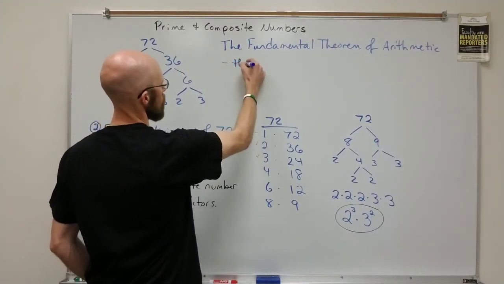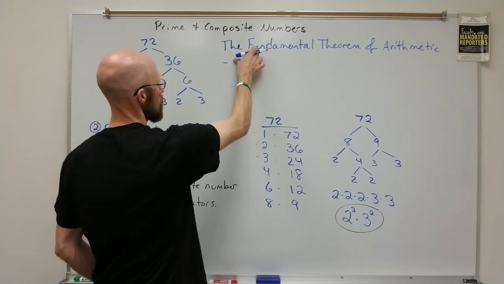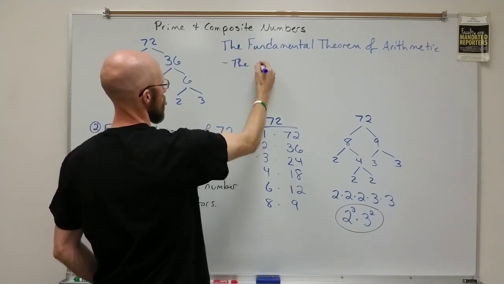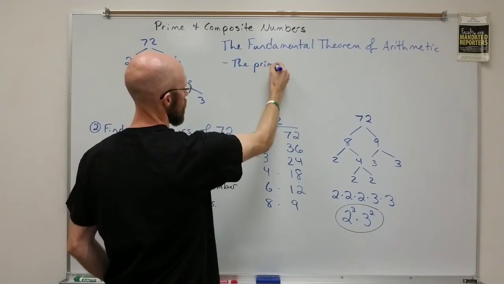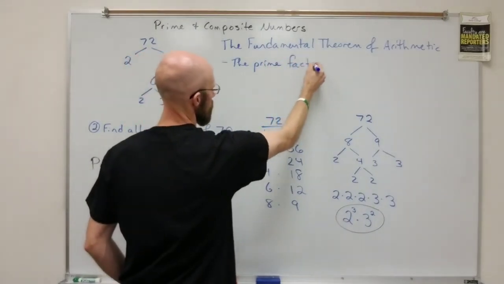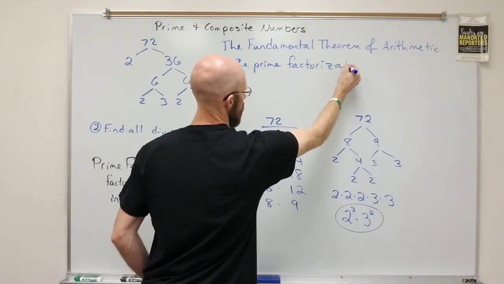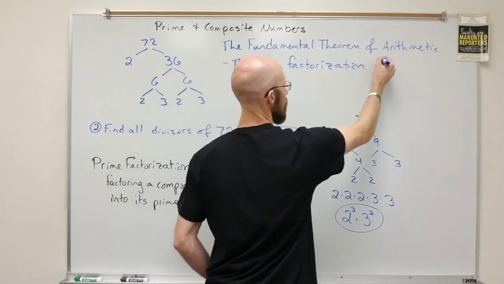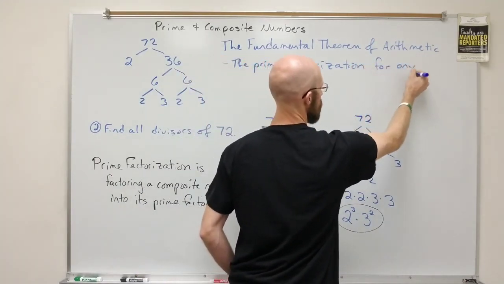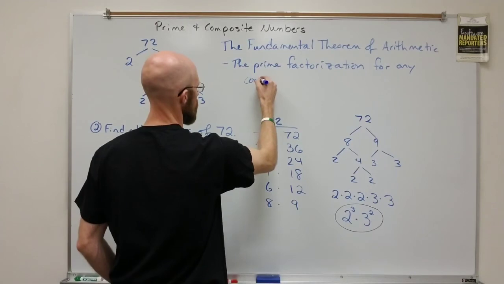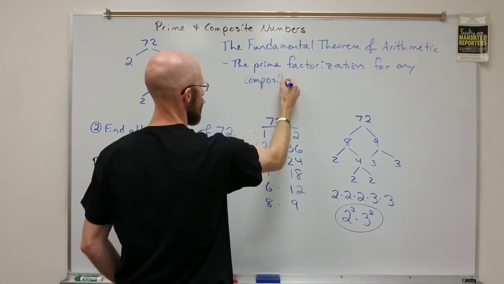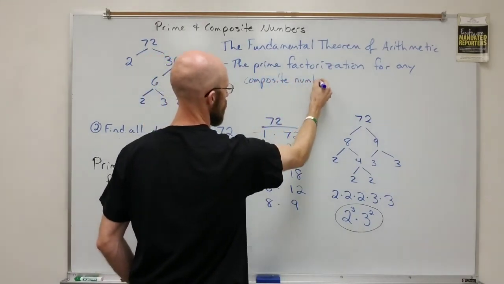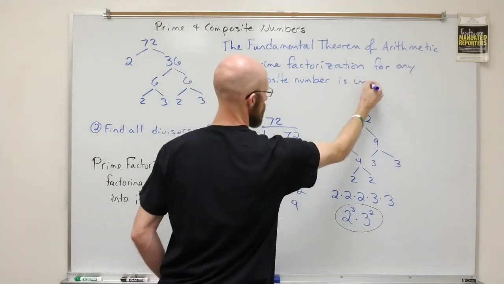So it should be at the beginning of the sentence. The prime factorization for any composite number is unique.